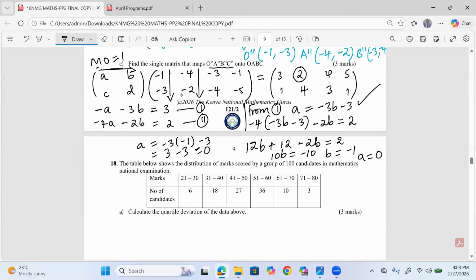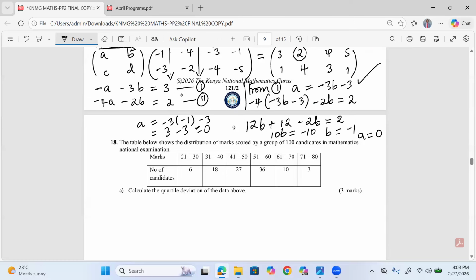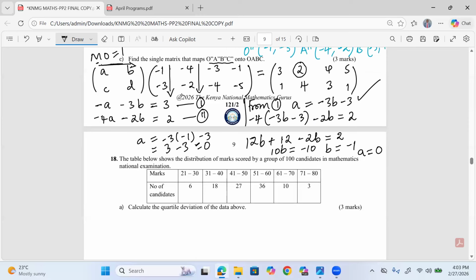So we have two elements of the matrix of transformation that maps the second image to the first quadrilateral. We can proceed to find the values of C and D, which is our second row that gives us the Y components of the answer.